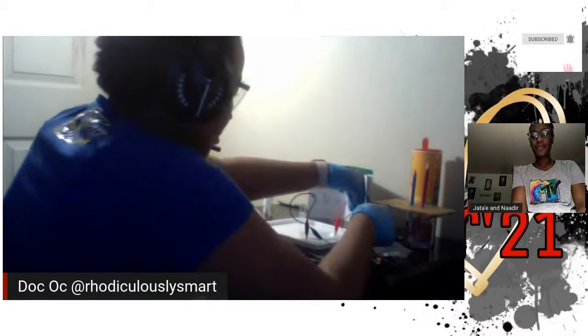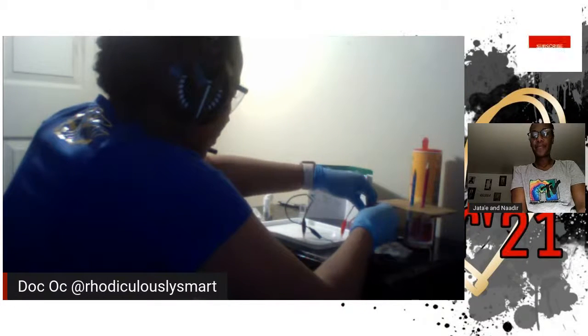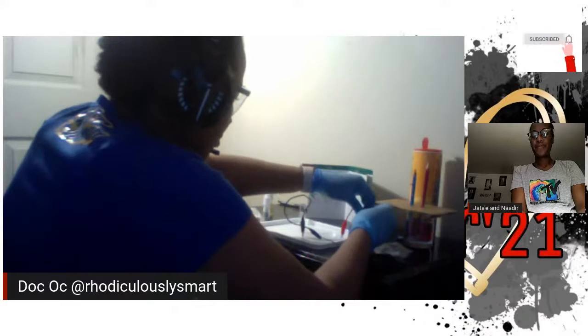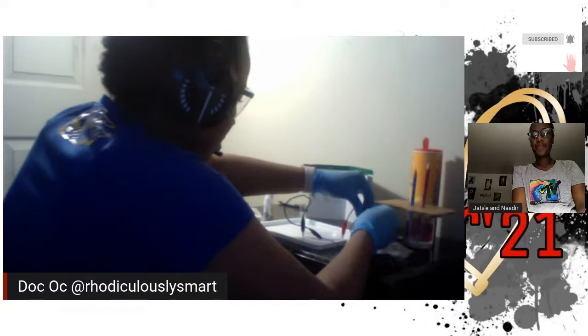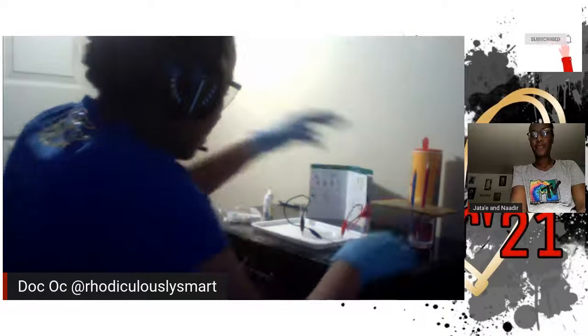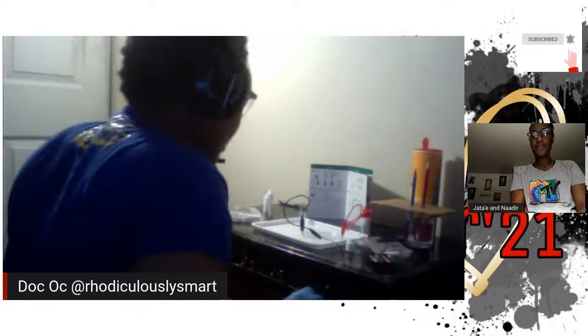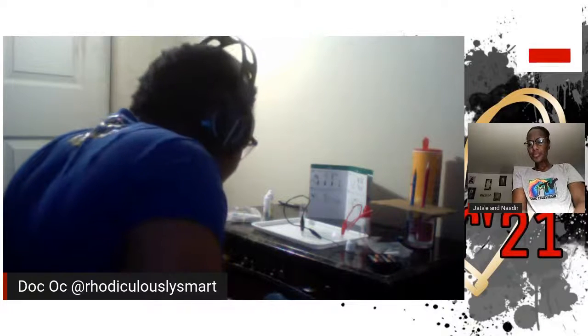And then this is going to make the tin form metal, like little metal arms across the top of this. So let's see if we can get that going. Okay. It's in there.